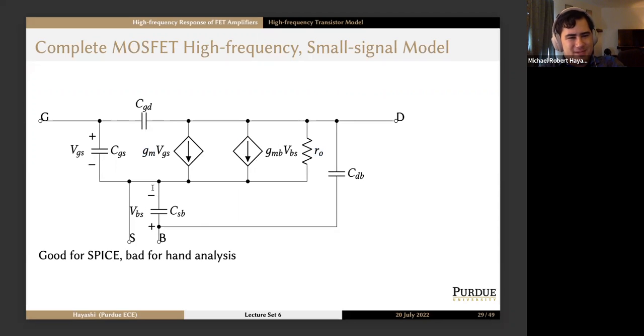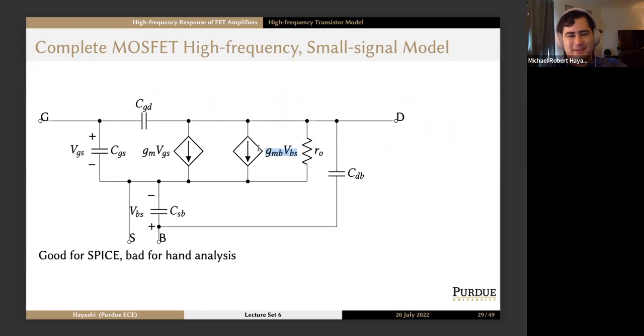And we measure VBS to create this over here, which is a second dependent source, gmb VBS, where gmb is the body effect transconductance. And VBS is obviously the body to source voltage. We call this the body effect. It's something that we left out of our discussion when we did MOSFETs because we already had like 92 slides and I didn't want to add in something that was rather extraneous.